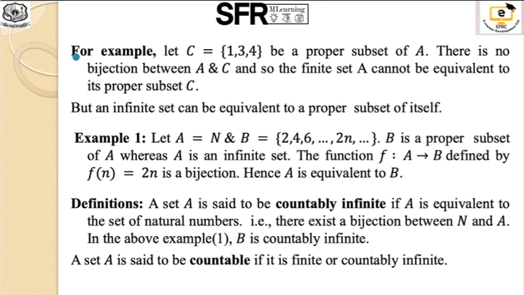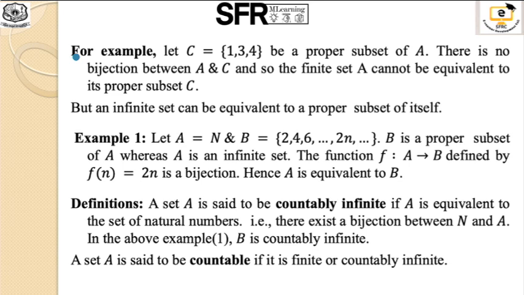Here clearly B is a proper subset of A, whereas A is an infinite set. Here you can define a map between A and B by f(n) = 2n, because the set B has only even numbers 2n. That map is a bijective map because 1 goes to 2, 2 goes to 4, 3 goes to 6, etc.